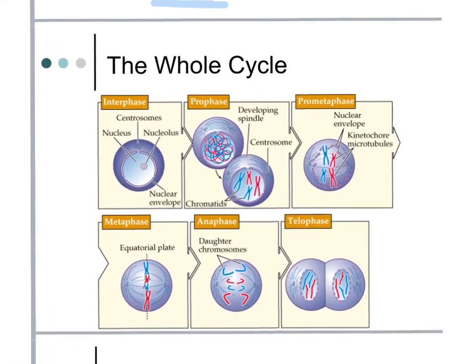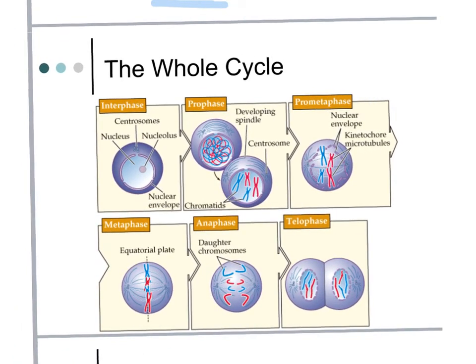In prophase, our centrioles are moving to opposite poles. Our DNA is condensing into chromosomes, and we're developing spindle fibers in order to pull those apart. Additionally, our nuclear envelope is breaking down, so here you see it in little fragmented pieces.